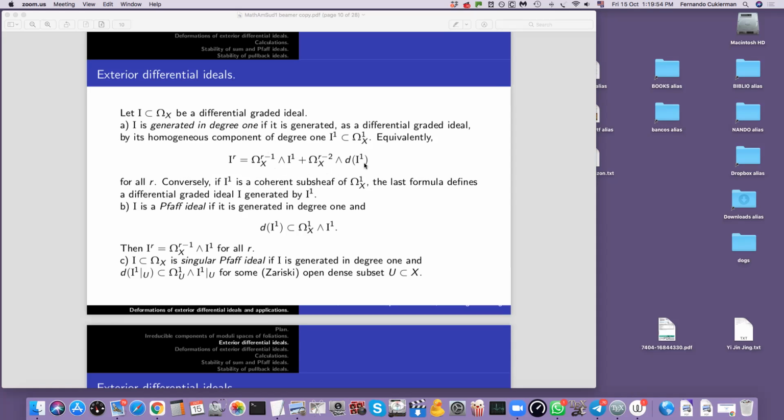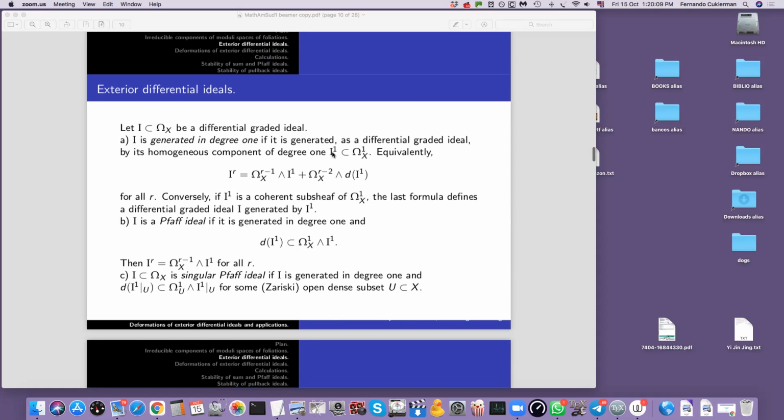So this lives in omega 2, and then you multiply by any exterior form of the appropriate degree. This would be the differential graded ideal generated by this component of degree 1.